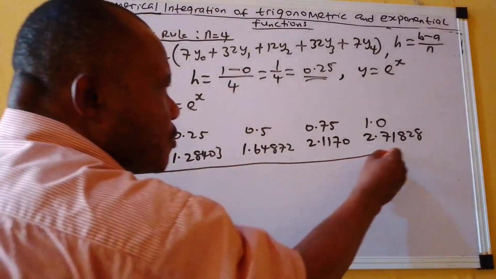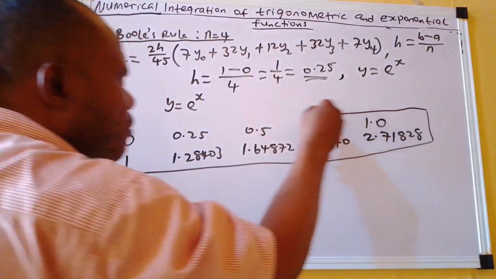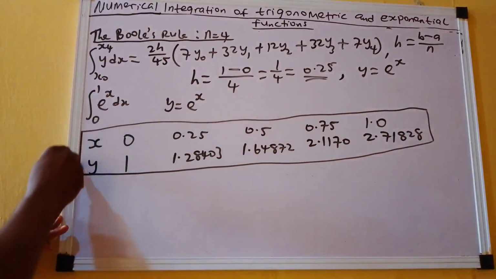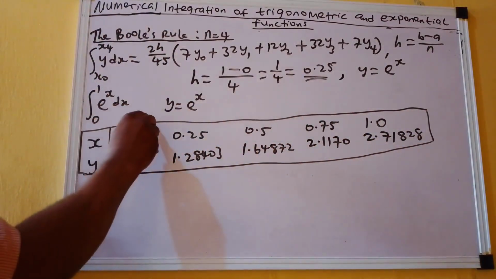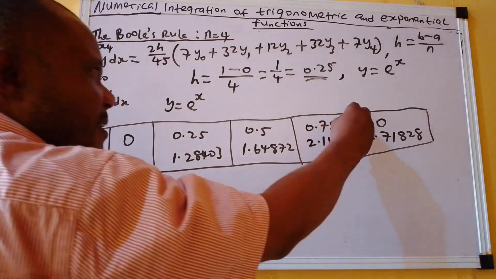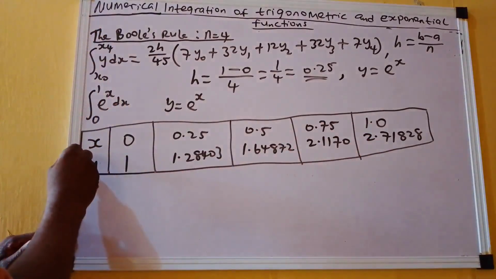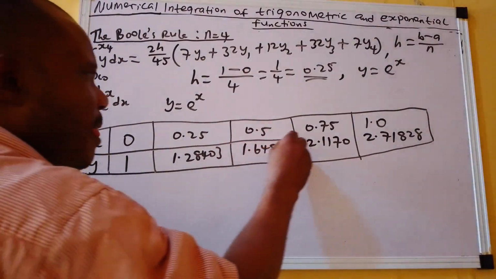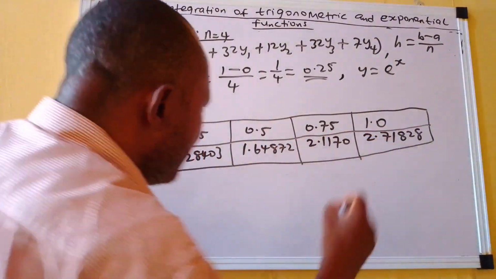Permit me to rule it out so that we have this table of values of x and y. We have it like this, and like this. Then we rule the center so that we can locate them easily.